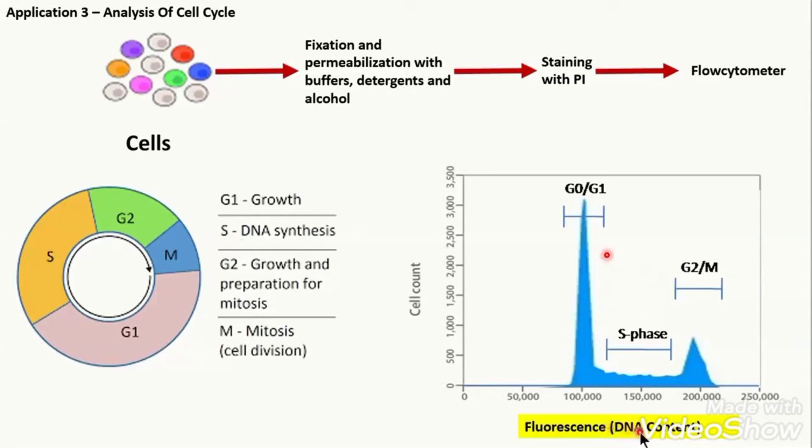So you know how people were assessing the percentage of cells present in a specific phase. They were cutting these peaks and these areas with scissors, and they were weighing them. So if the total weight of the complete peak is, for example, 1 mg, I'm just giving you a number, each part will be less than that. Then in comparison to 1 mg, what is the weight of this?